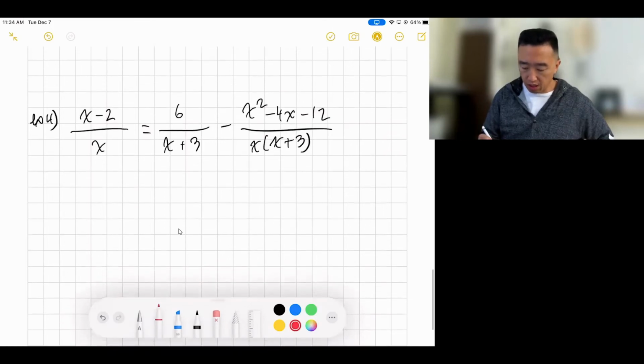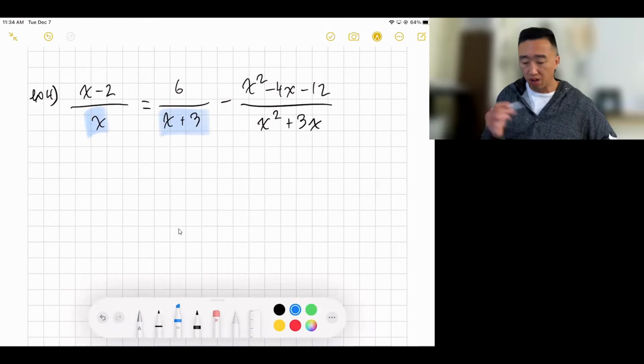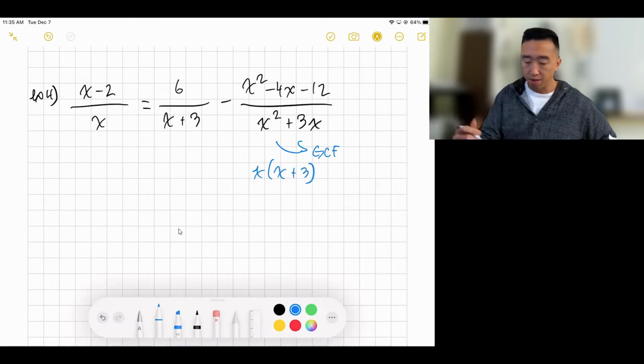Hopefully, here, the original problem goes like this: x squared plus 3x. Okay, so hopefully by now you can see, oh, all right, I see what they're doing. You know, you got these two, and if I were to distribute them, I would get that, right? So with the way that I can break down the GCF here, right, is to say, oh, x times x plus 3, right?